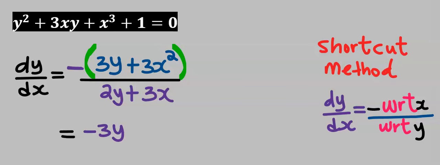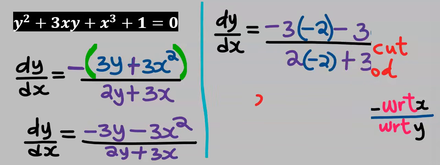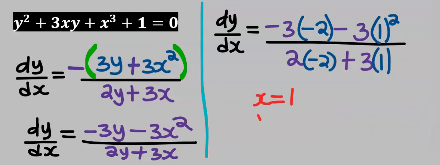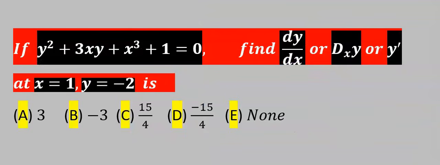Next, this minus will multiply plus, and you're going to get minus 3x squared. Next, you're just going to have 2y plus 3x. Next, substitute for x is equal to 1 and y is minus 2 into dy dx. And with the shortcut method, we got minus 3. From the options, our answer is B.